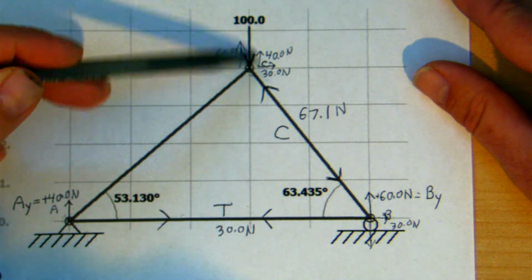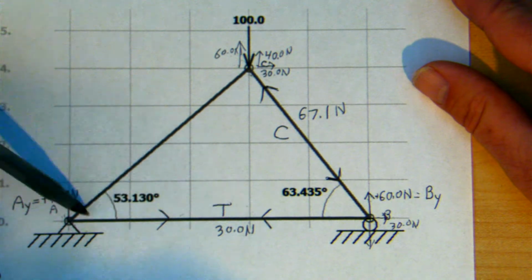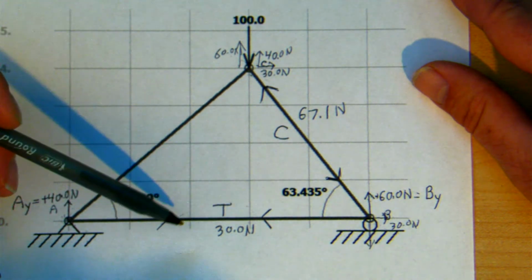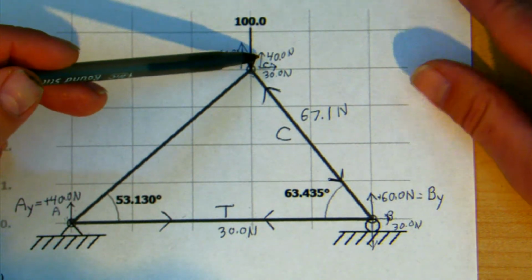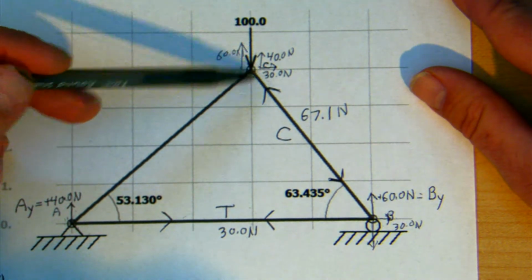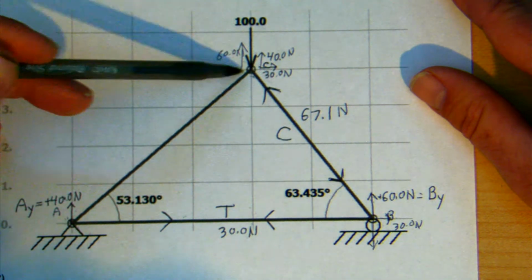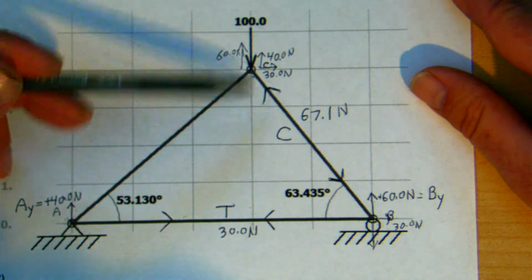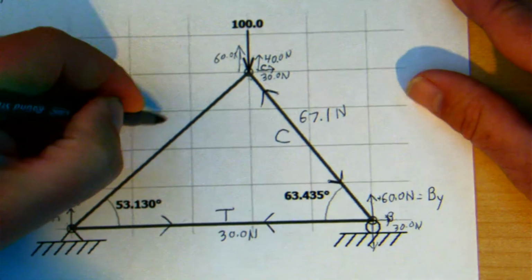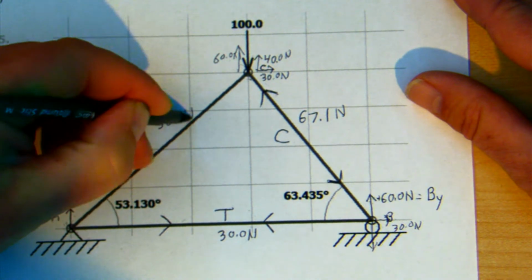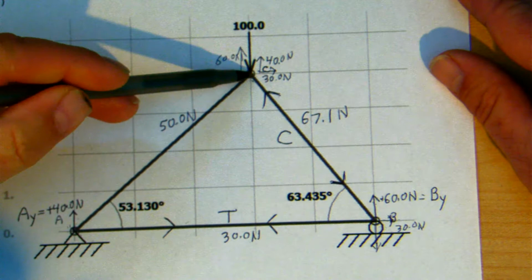So if this guy is pushing up with 4, I said 4, I should have said 40, then his horizontal component must be 3/4 of 40. And 3/4 of 40 is indeed 30. So this hypotenuse has a magnitude of 30 squared plus 40 squared is equal to 50 squared. 50 newtons is the magnitude of member AC.